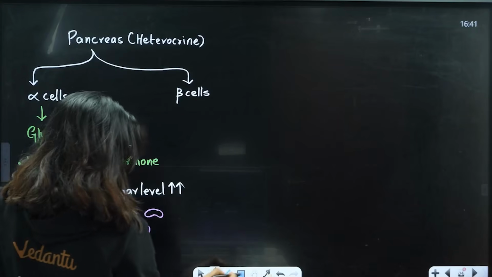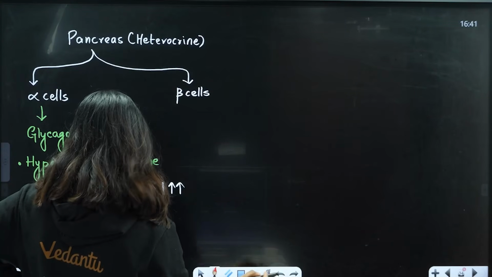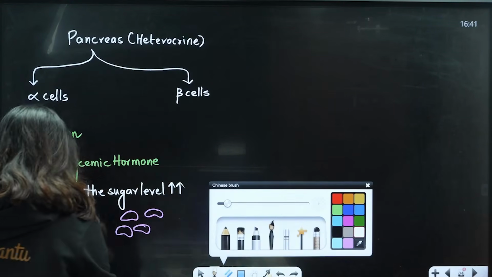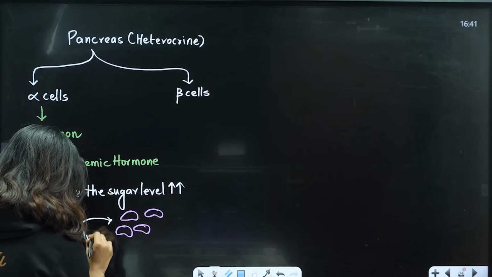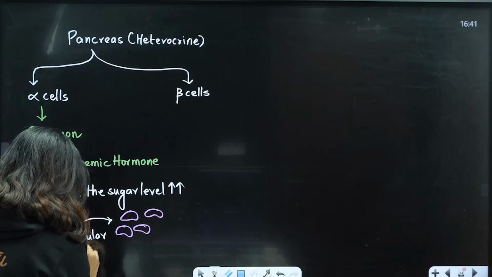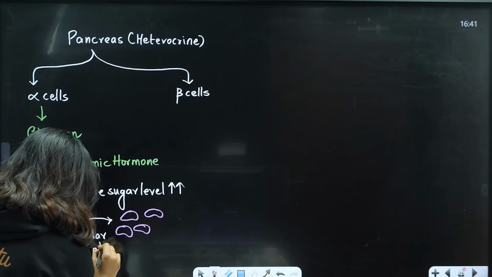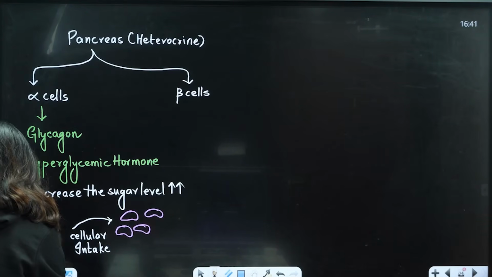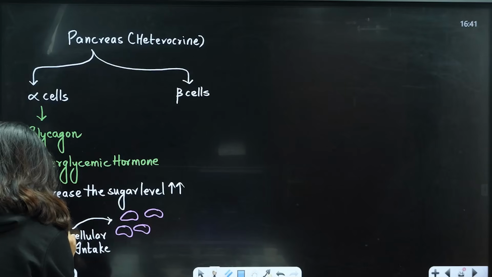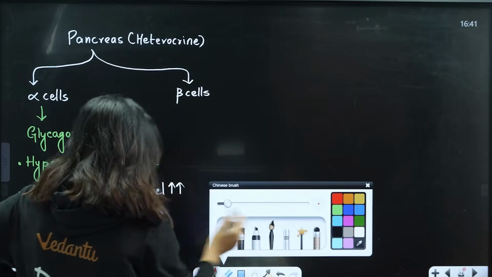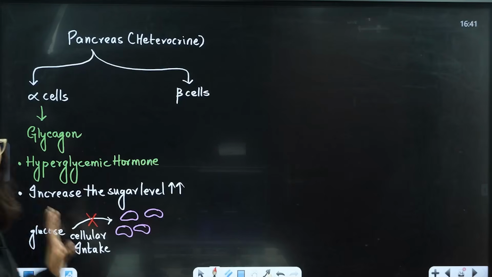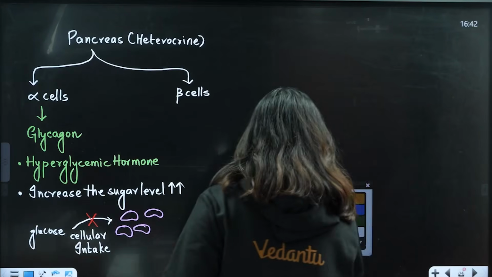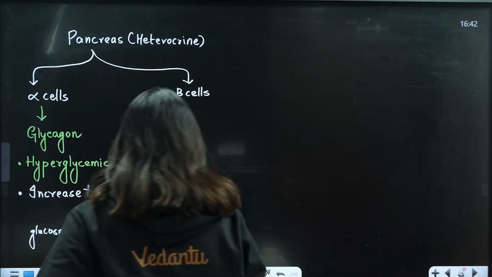Okay, glucose, wait, I'll write this in white. This is the glucose. Cellular intake will not happen. They will not allow the cells to take any glucose.